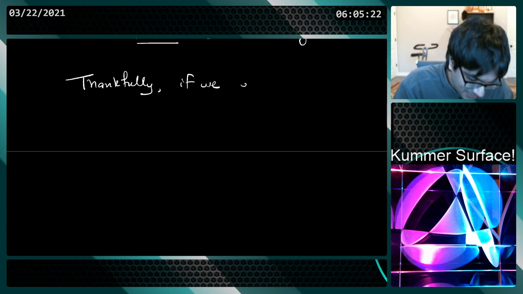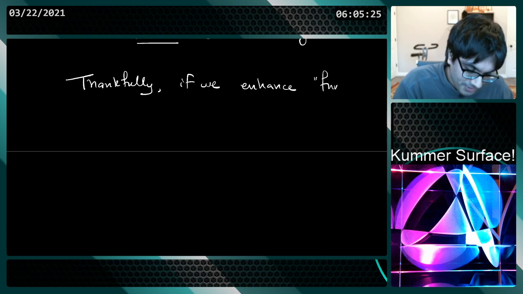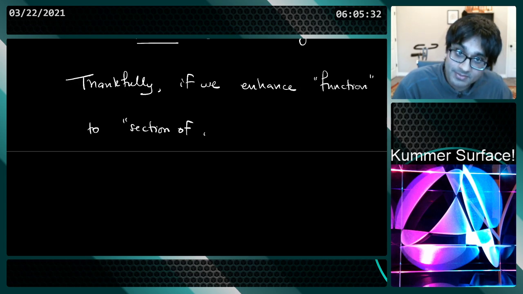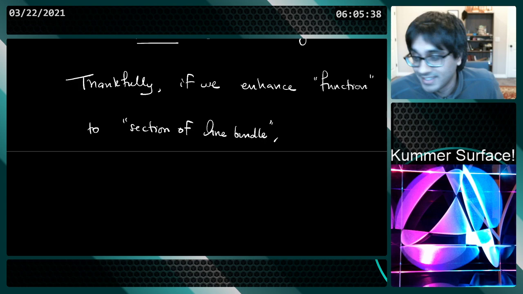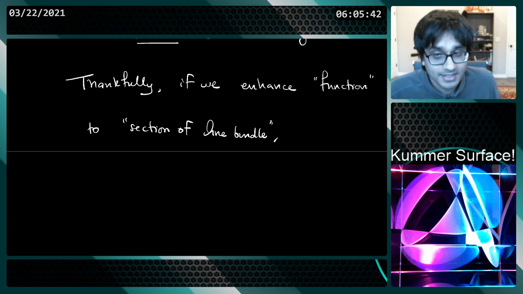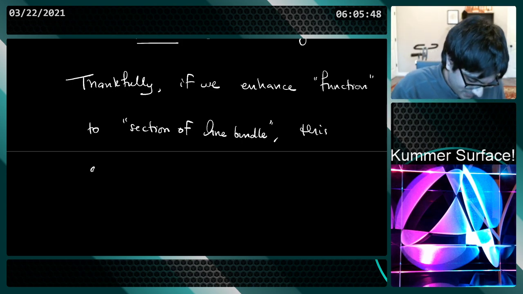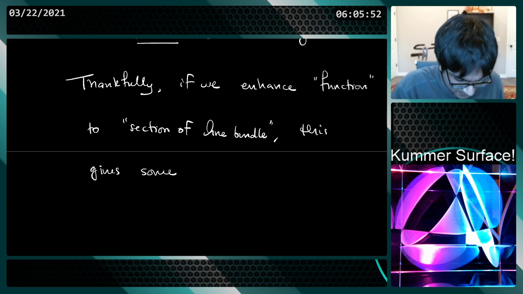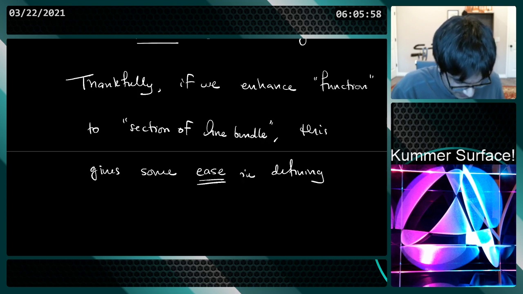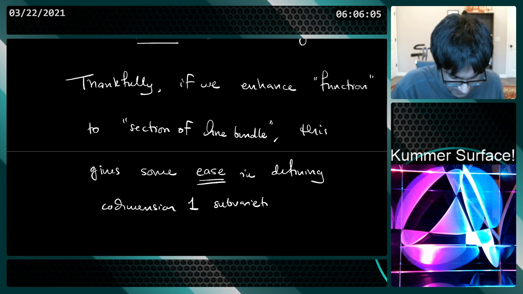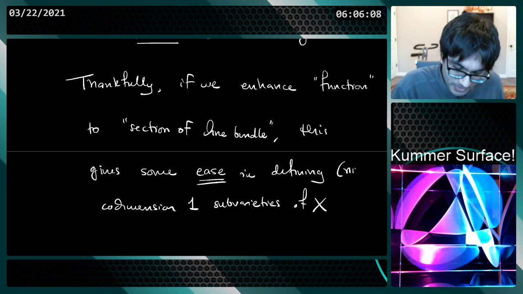if we enhance the word function to section of line bundle, this gives us more flexibility for easily defining, especially, codimension 1 subvarieties of X. And these will be suitably nice ones, okay?